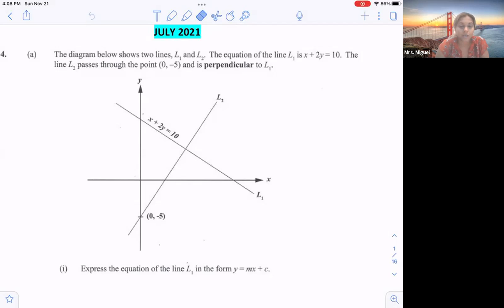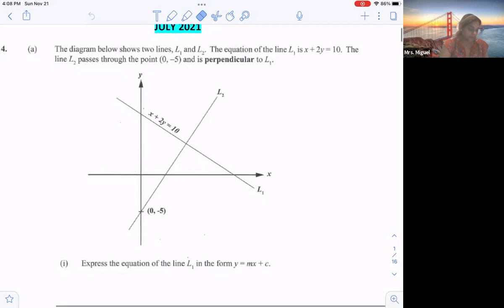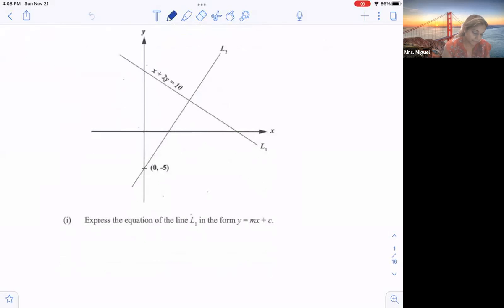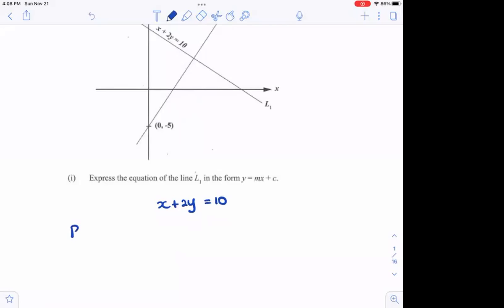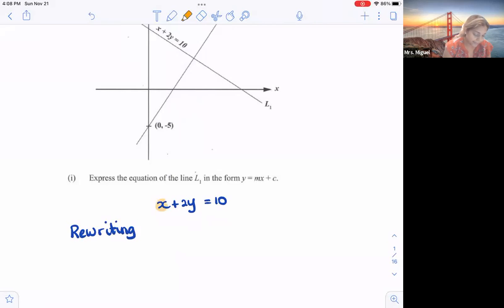Express the equation of L1 in the form y equals. So this is the equation x plus 2y is equal to 10. We need to rewrite this as y equals. The first thing I'm going to move is the x.